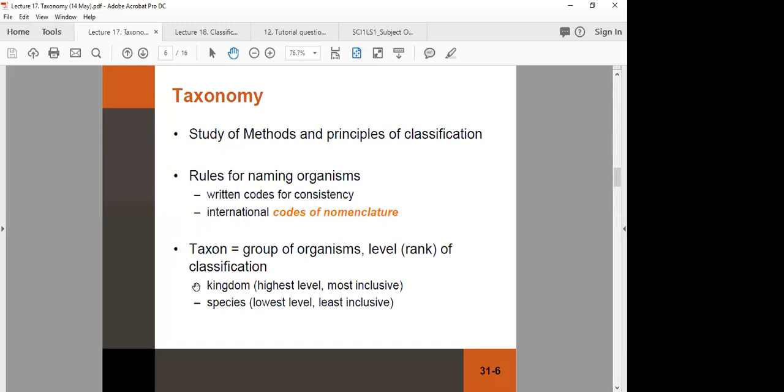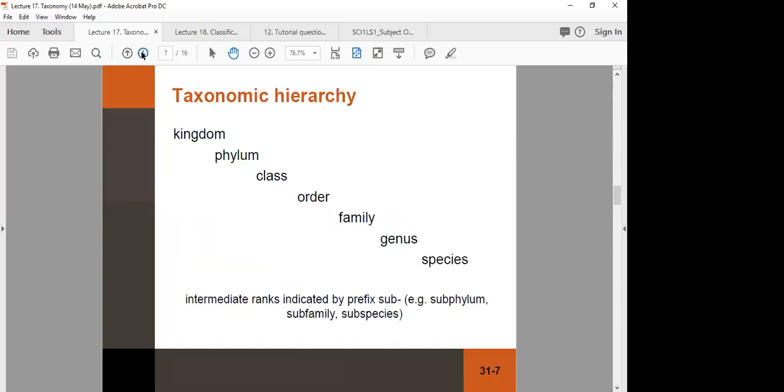With the highest level being kingdom, and this is the most inclusive. The lowest level, lowest taxon, is the species level. This is the least inclusive. All right, here's our taxonomic hierarchy. Kingdom, next level down, phylum, class, order, family, genus, species.